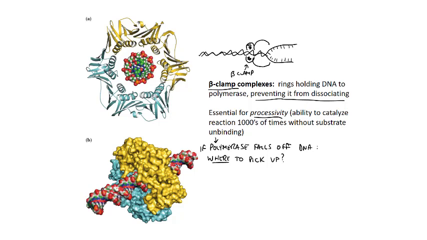And so there's no way of knowing if the polymerase fell off that it would bind in the same spot where it had just been replicating. In fact, it's very unlikely. So in order to make this process as unlikely as possible, nature has selected for the beta clamp complexes to make sure that our polymerase stays put on the DNA.